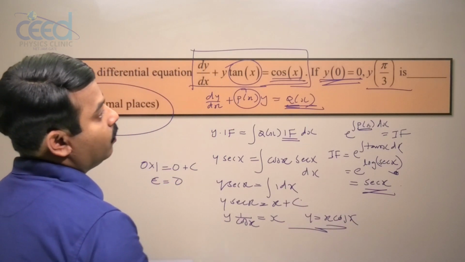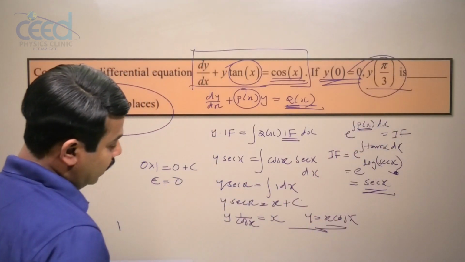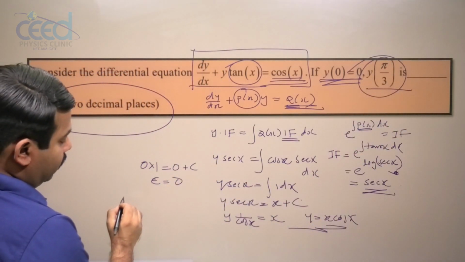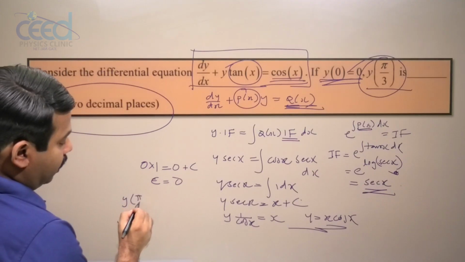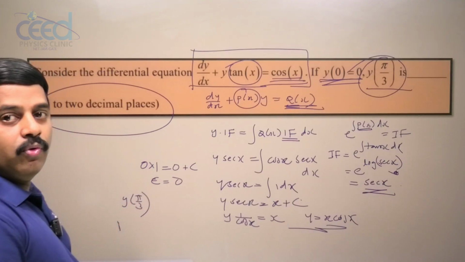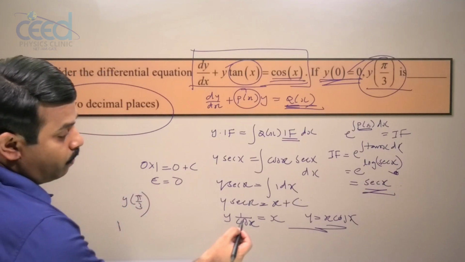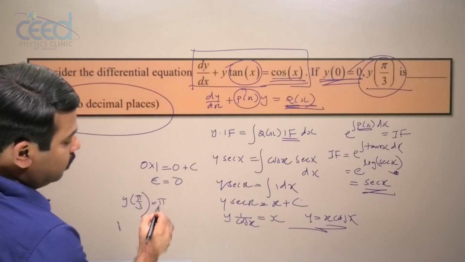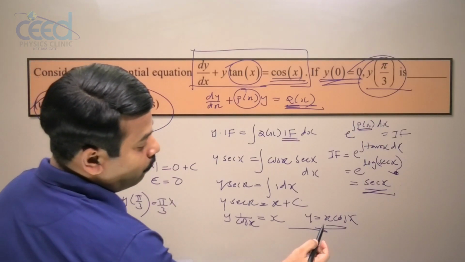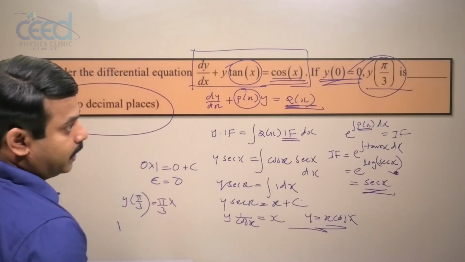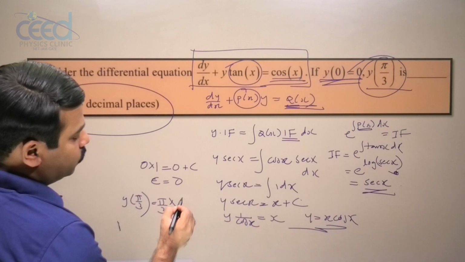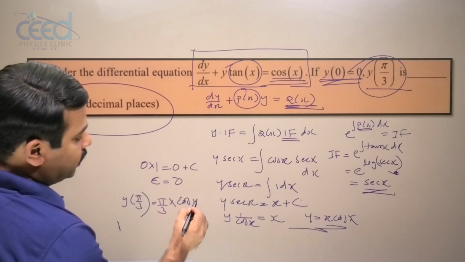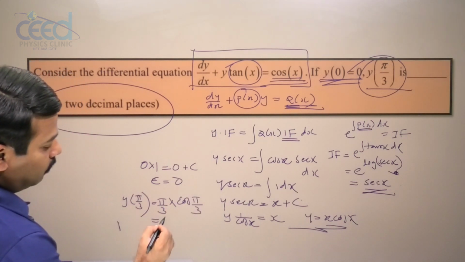Now we need y of pi by 3. Put x equal to pi by 3 into x cos x. Cos pi by 3 is cos 60, that is 1 by 2.